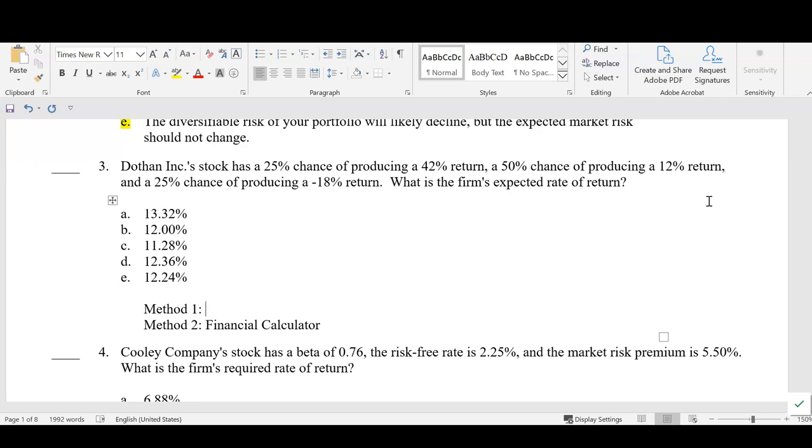In method 1, expected return becomes the 3 probabilities multiplied by the 3 returns.